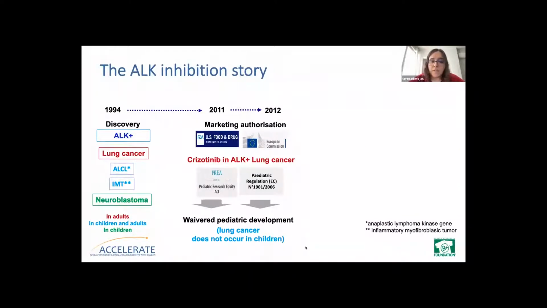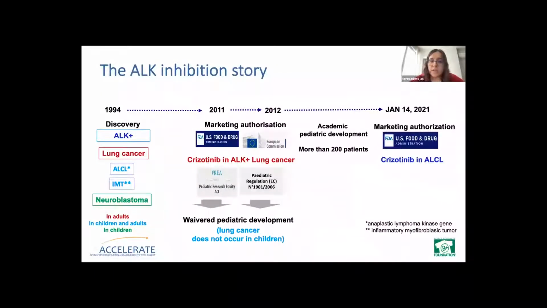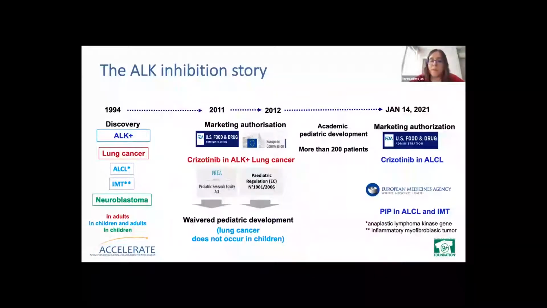In spite of this, the pediatric oncology academic community worked for the next decade in investigating ALK inhibitors in children and adolescents. And in fact, thanks to that, this year, crizotinib received marketing authorization by the FDA in anaplastic large cell lymphoma. And there are currently approved PIPs for ALCL and IMT in Europe as well.